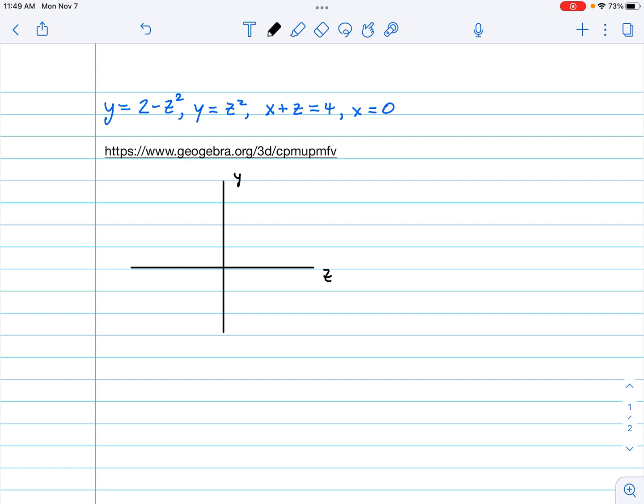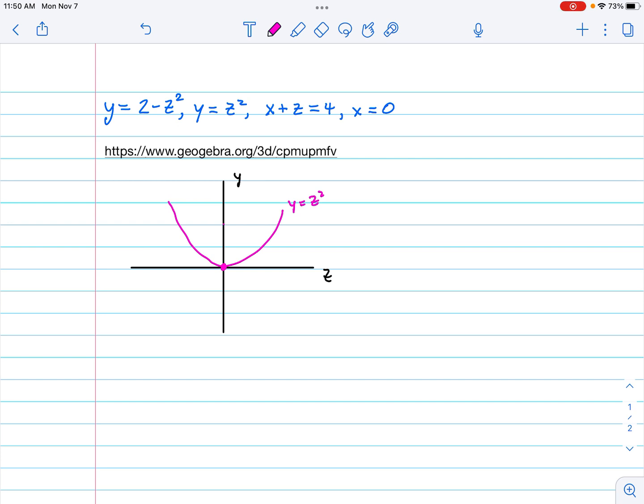Now y equals z squared would look like this, just a parabola. Remember, we're assuming that x is coming out from this origin right here. X is coming out of the graph. And so this is y equals z squared.